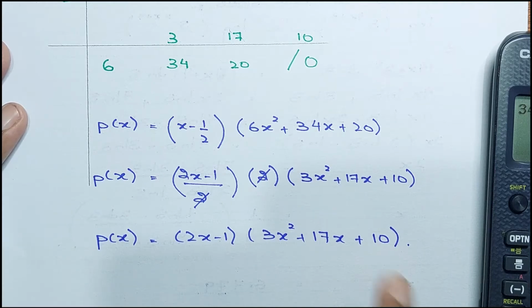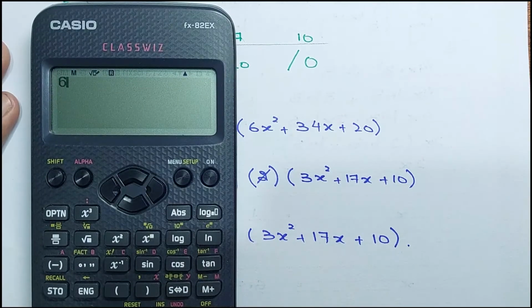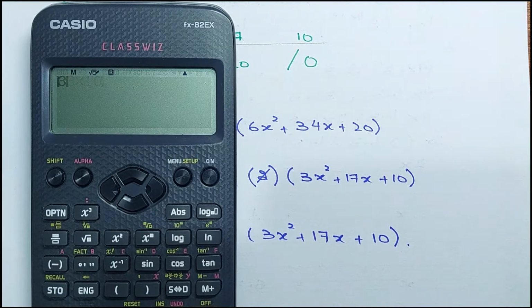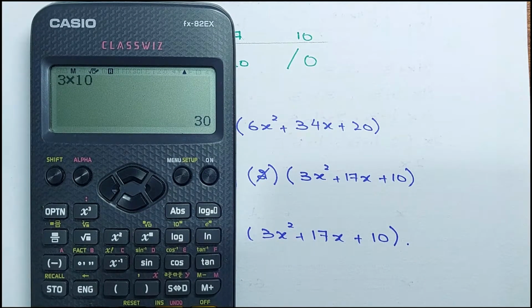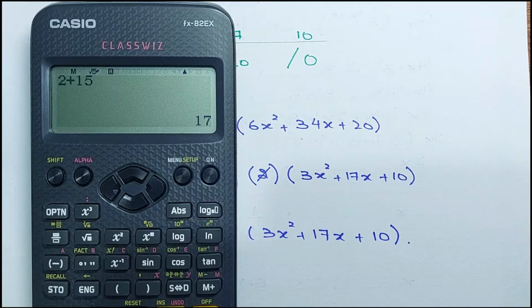We have to find the factors of 30 where the sum should be equal to 17. 3 times 10 is 30, but when we add 3 and 10 that would be 13, and when we subtract, we have 7, not 17. 2 times 15 is 30, and 2 plus 15 would be 17.